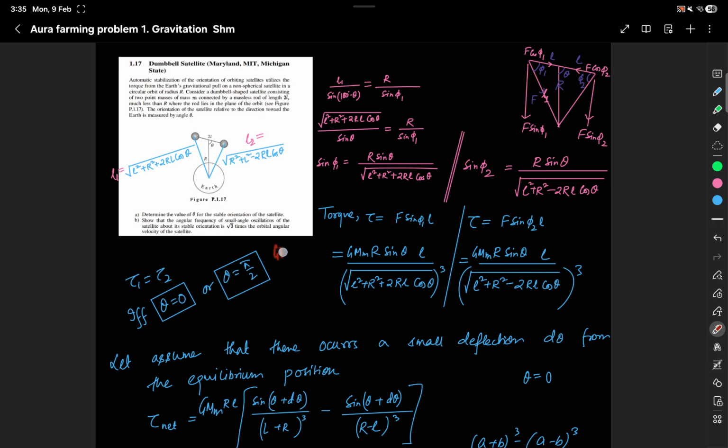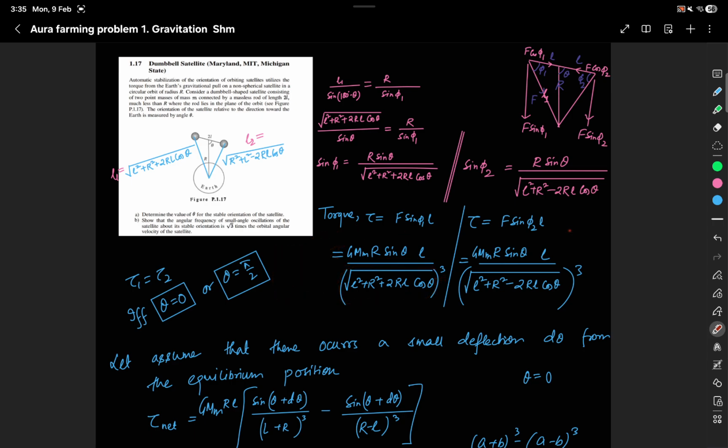F is GMm by L1 squared, and sine phi 1 is r sine theta by L1, multiplied by L. So this L1 squared and L1 make up L1 cubed. This L1 is this much, so this is cubed, and in the numerator I have written it as it is.